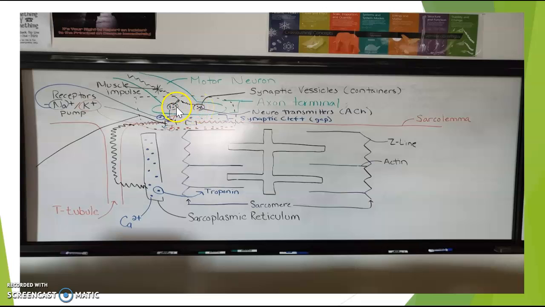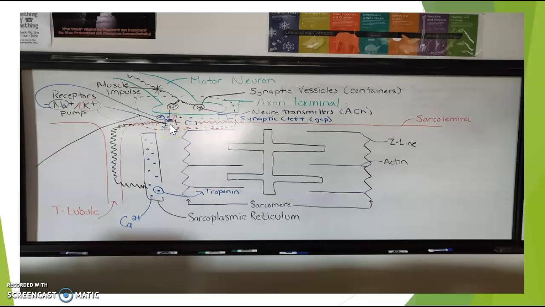Once released, the acetylcholine leaves the axon terminal, goes across this space here, the synaptic cleft, and it sticks to the receptor, the sodium-potassium pump. Notice that the impulse stopped at the synaptic vesicle, and we have a neurotransmitter relaying that message to the receptor.